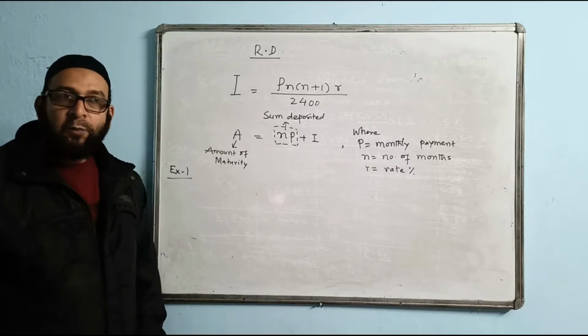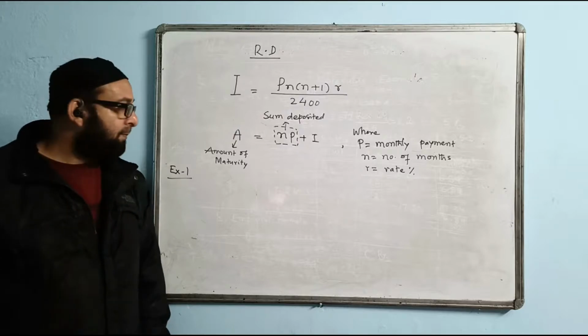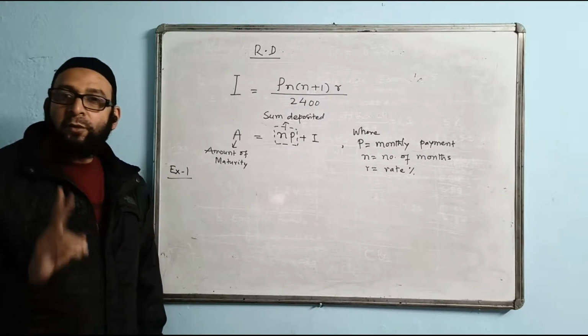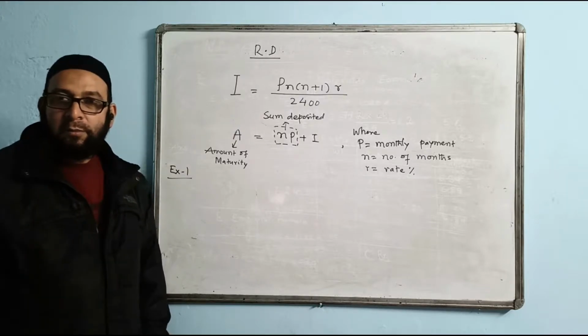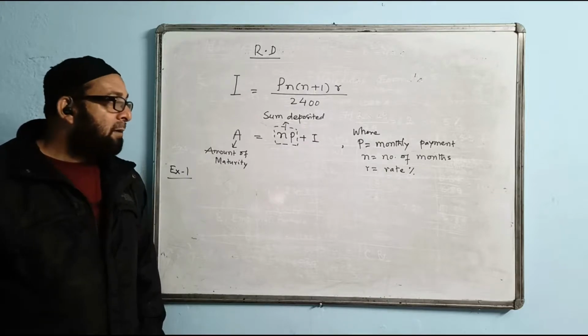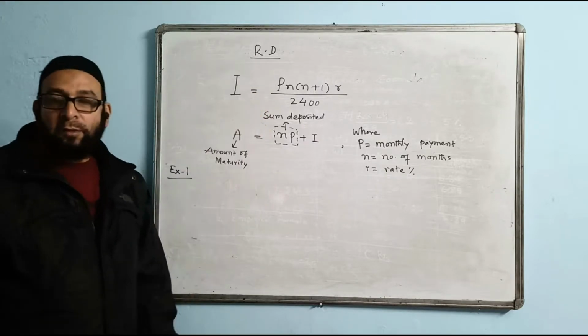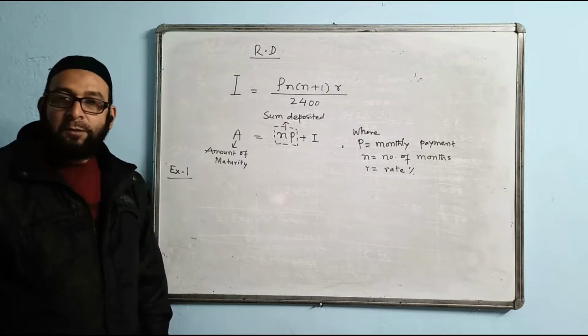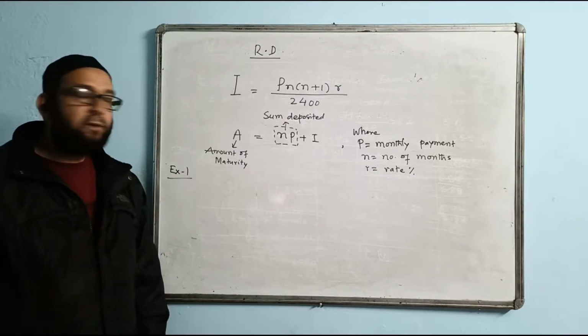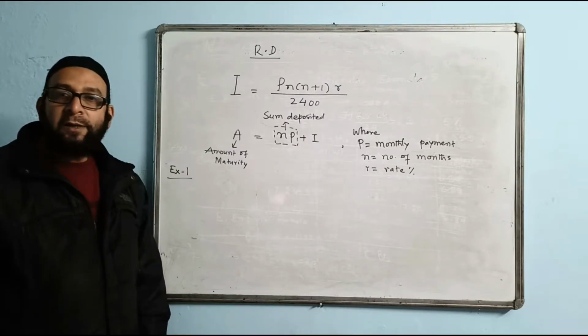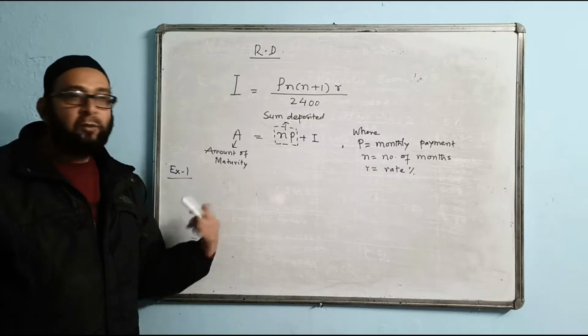A person deposits rupees 100 per month for 2 years in a recurring deposit account, which no need to write, just listen first. The proper question I will dictate and I will ask you to write, and I will also do it.